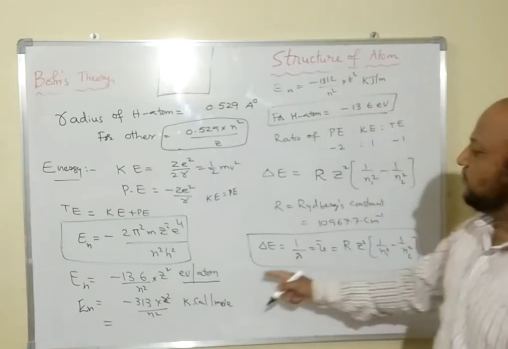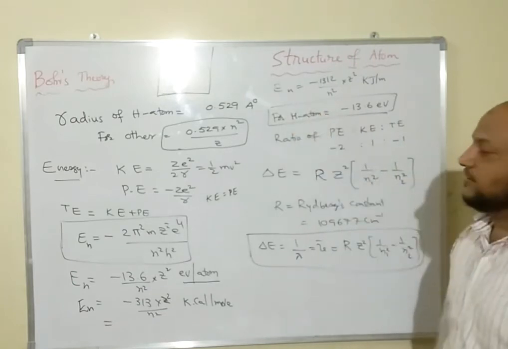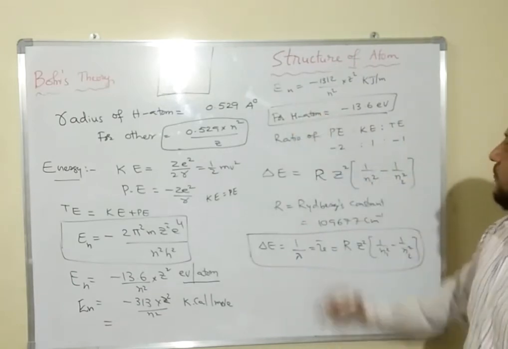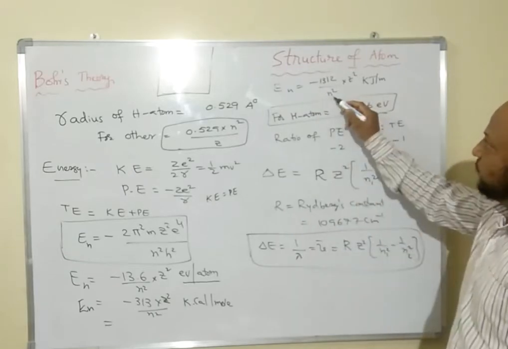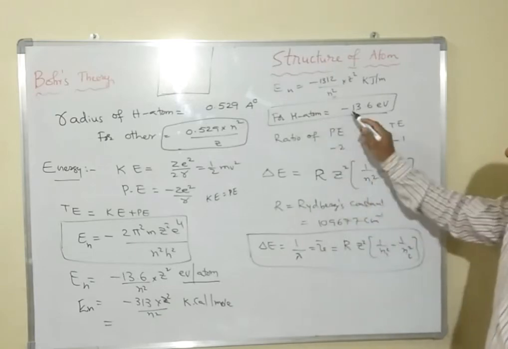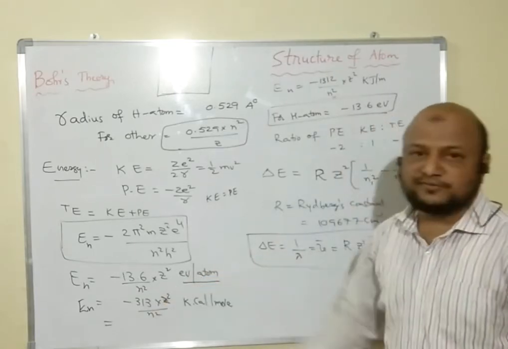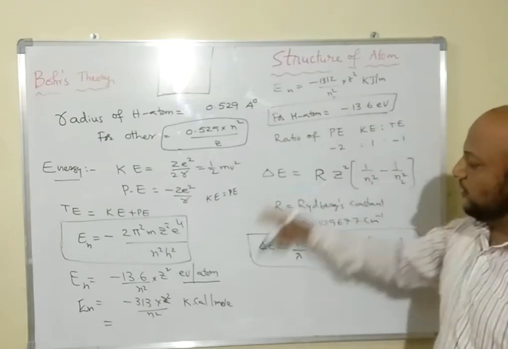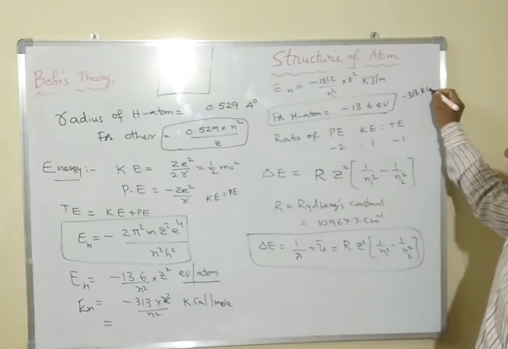These are the energy values of an electron present in the nth orbit. Especially for the hydrogen atom, n is equal to 1 and z is also 1. So for the hydrogen atom, the value is minus 13.6 electron volts. In kilocalories, it is minus 313 kilocalories per mole.